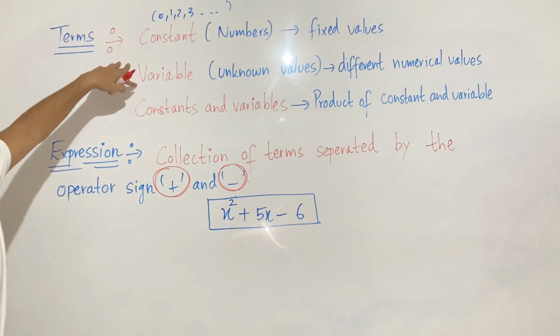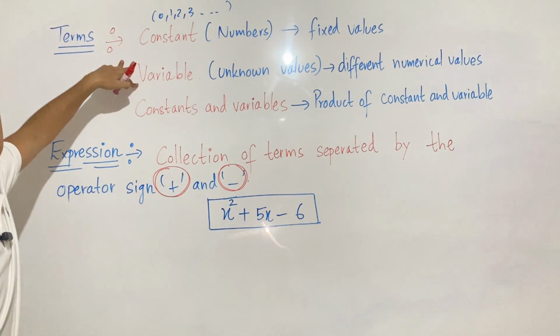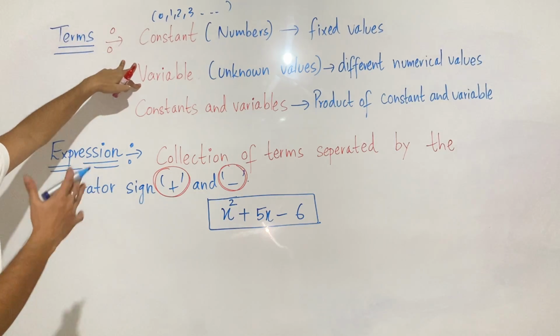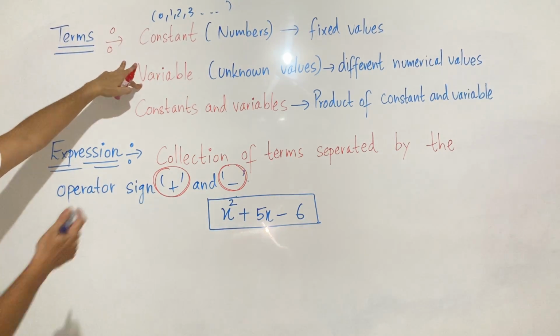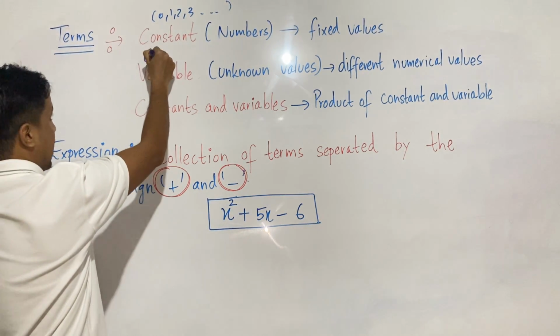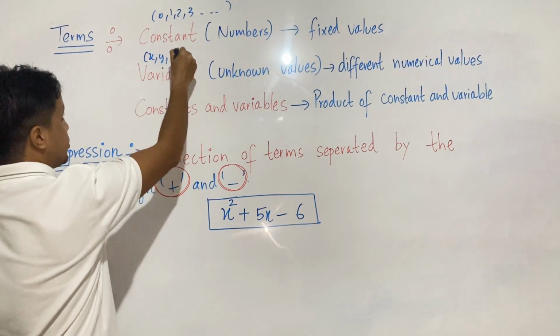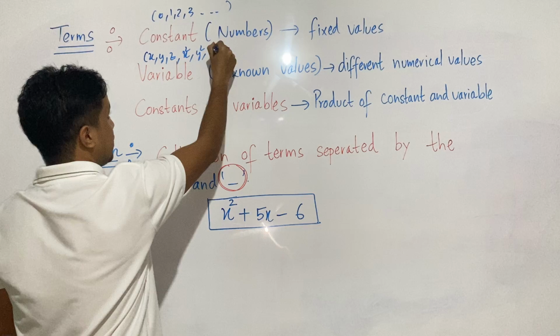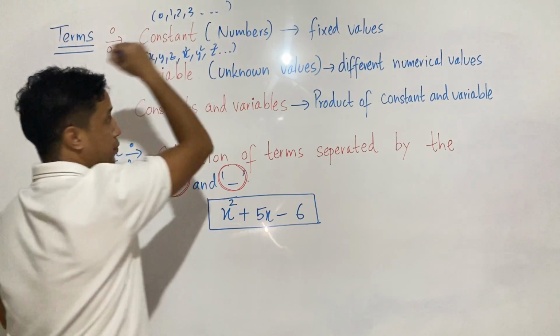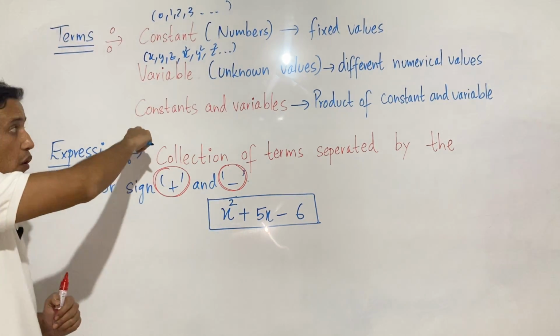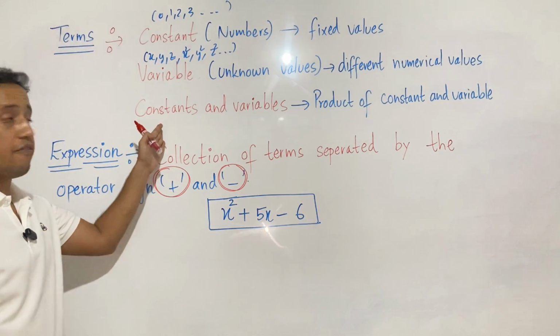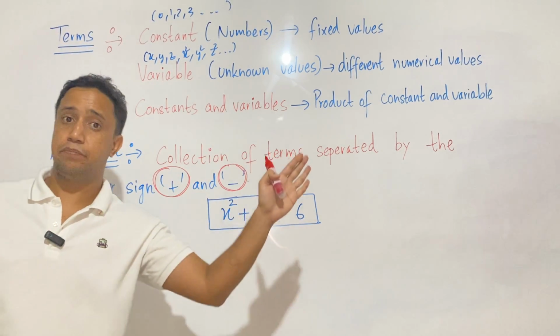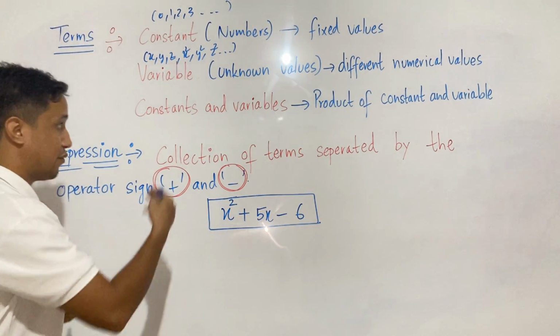Or it can be variable, which means it has unknown value. We use abstract symbols for variables, for example x, y, z, or it can be x square, y square, z square, and so on. Or the combination of constant and variable, meaning the product of constant and variable.